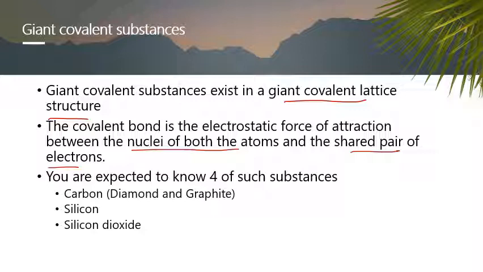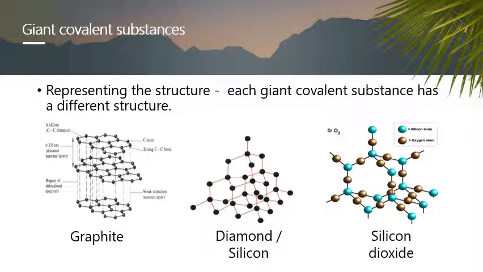You're expected to know 4 different types of giant covalent substance, which is diamond and graphite, which are just carbon, silicon, and silicon dioxide. So that's carbon, silicon, silicon dioxide. These are the structures which you need to know how to draw and to recognize. Graphite is mainly hexagonal rings forming plates, and between each plate are your weaker instantaneous dipole-induced dipole interactions.